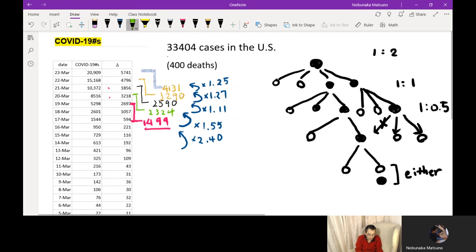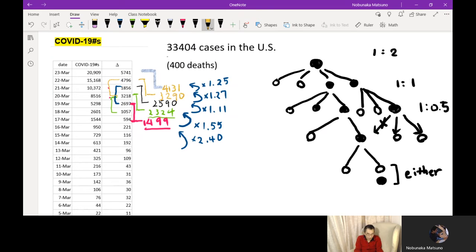If you look at this date and the moving average of these 3 days, it happens to be 2324. Likewise, you can do that for these 3 days, or these 3 days, and you just move on every day and look at the past 3-day averages.